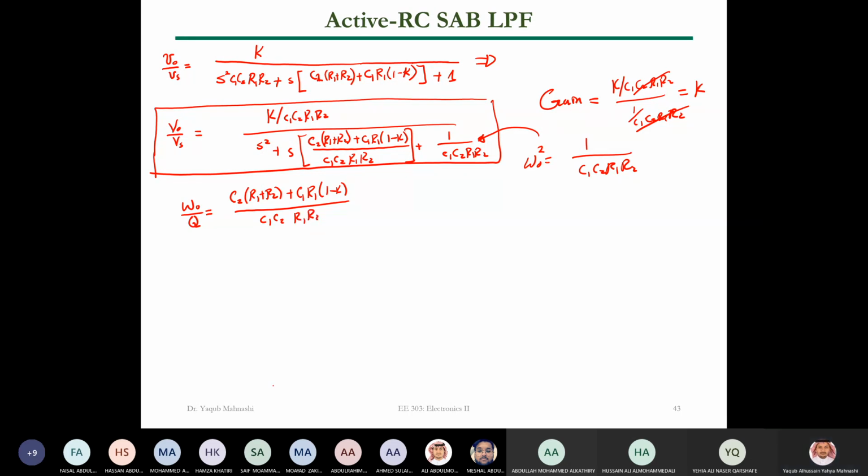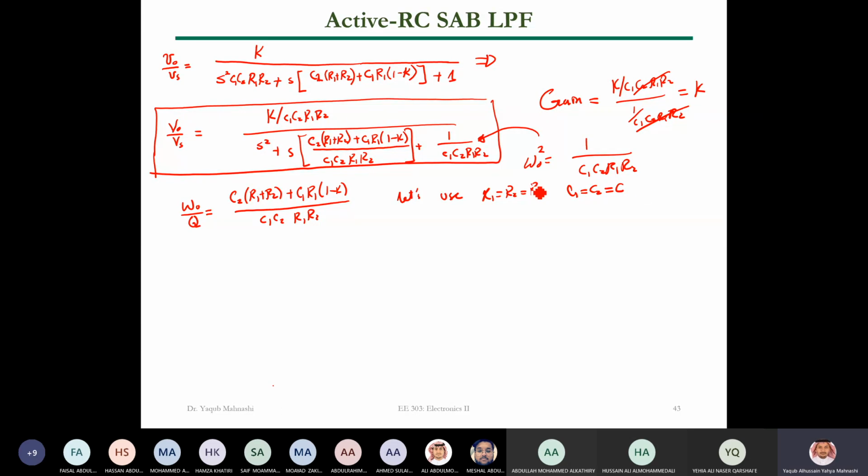Okay. So let me now do what? Let me take R1 equals R2. This is just to verify our improvement in the quality factor. So let's use R1 equals R2 equals R, C1 equals C2 equals C, as we did before.